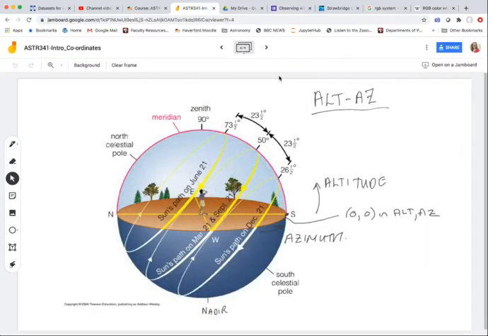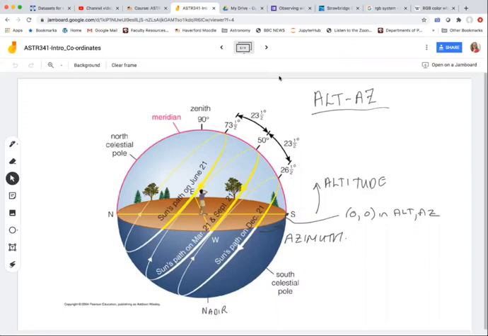That kind of zoomed out equatorial coordinate system, though, isn't really what you perceive when you're standing at your telescope and you need to figure out what's where in the sky. We kind of perceive this alt-az, or altitude azimuth, coordinate system, where altitude is the angle up from the horizon, and then the azimuth is the angle around the horizon.